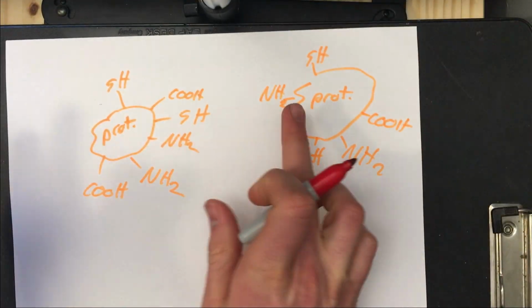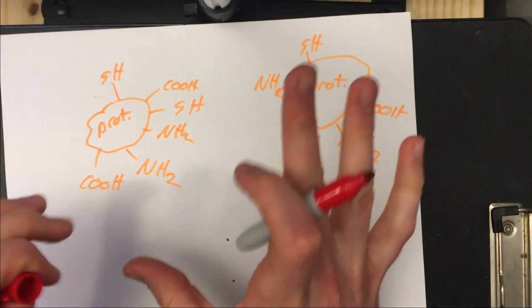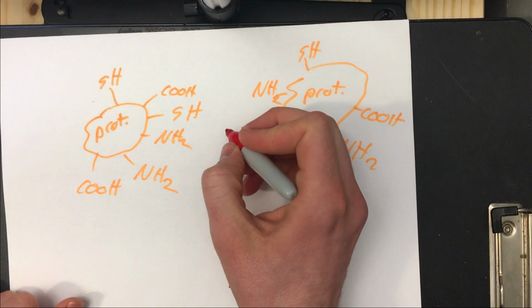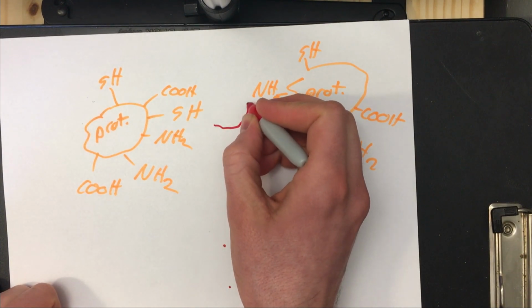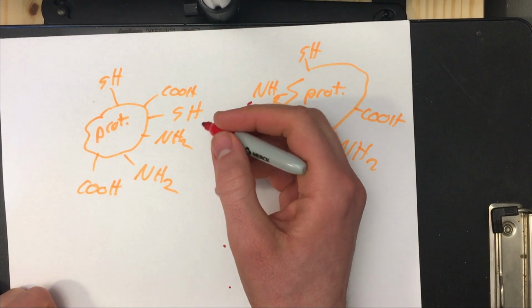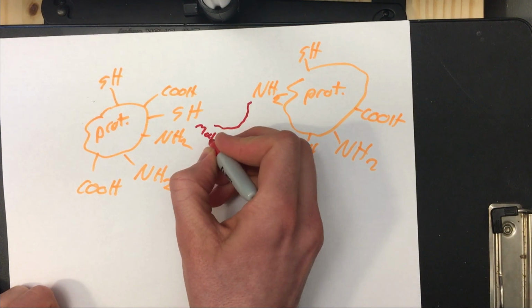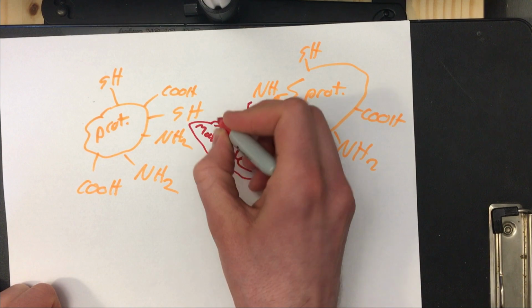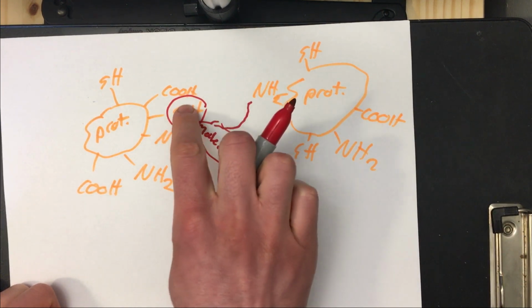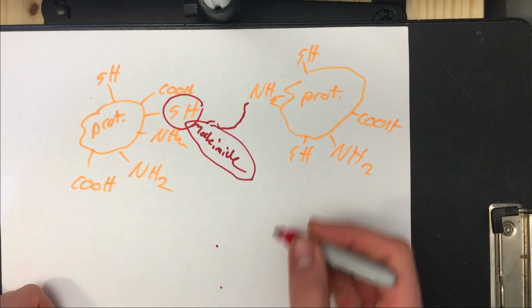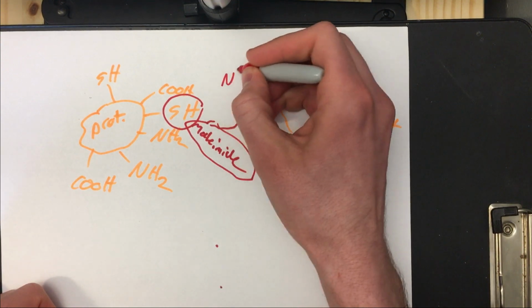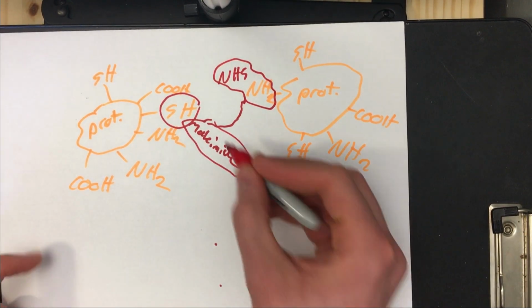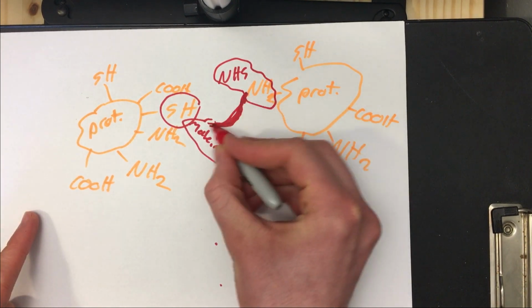So what implications would that have if we were not careful with our order of operations? Well, I would put in this molecule, and the maleimide part of it would react with the SH on one protein, and the NHS would react with the NH2 on the other.